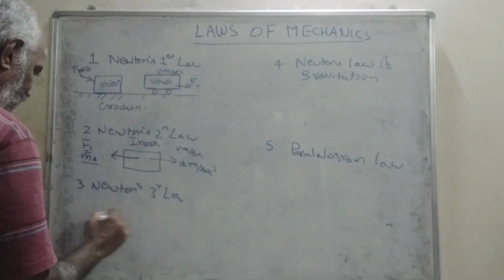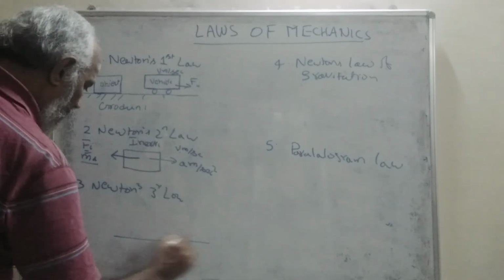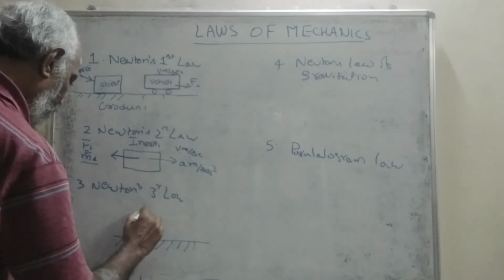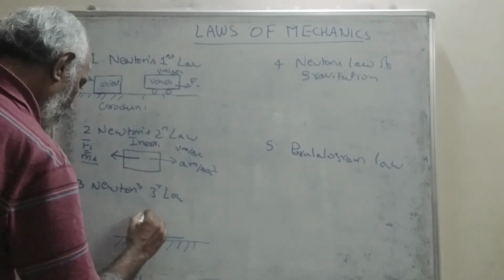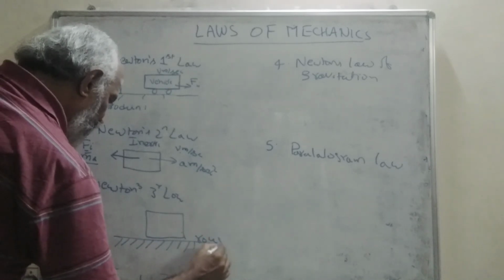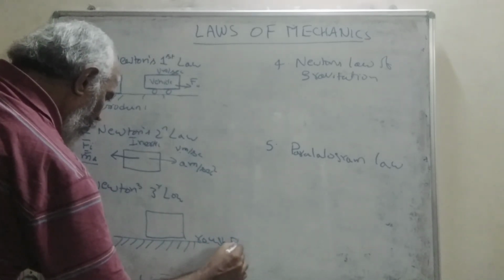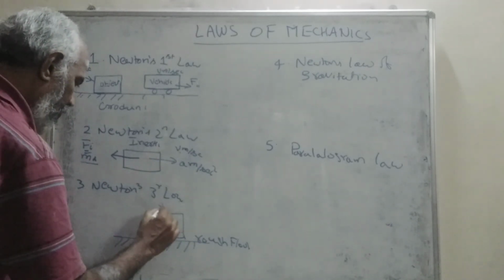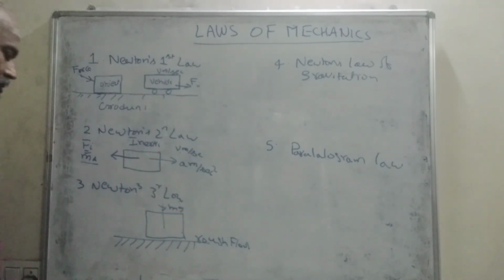Now, what is Newton's third law? There is an object on a rough floor. This is having some mass m and weight mg.